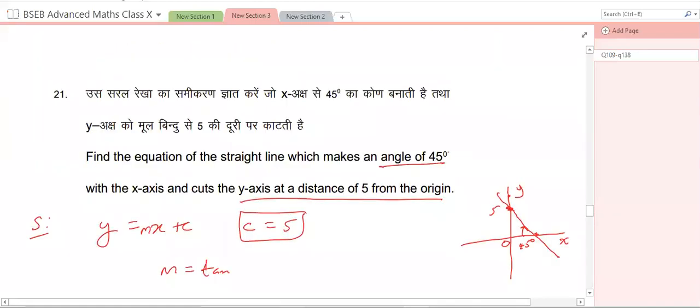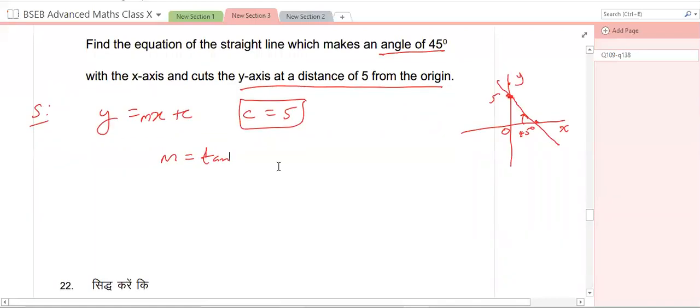So what we can say is negative tan 45 degrees, which is equal to negative 1. Therefore, y is equal to negative x plus 5. So that is the equation of the straight line.